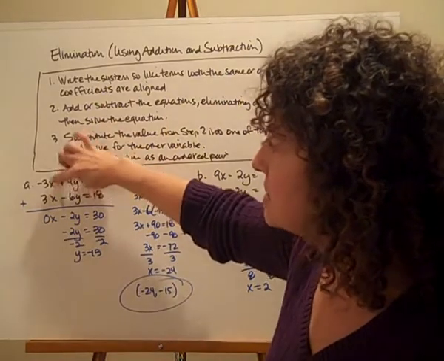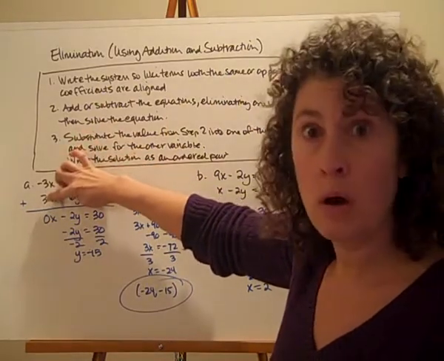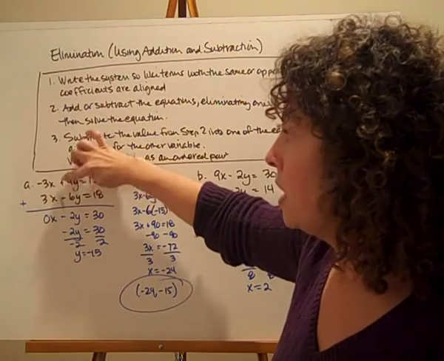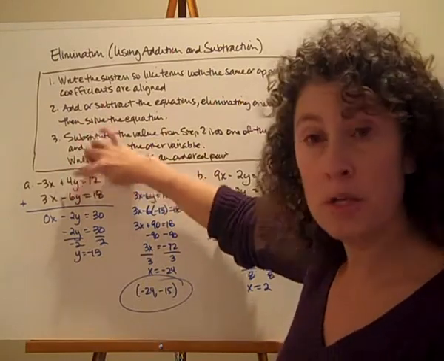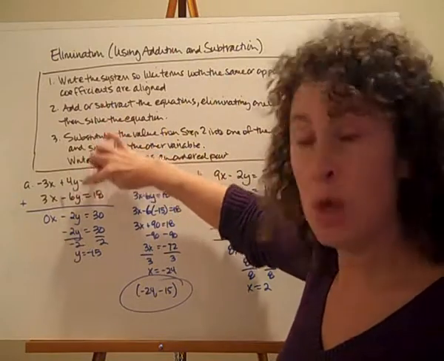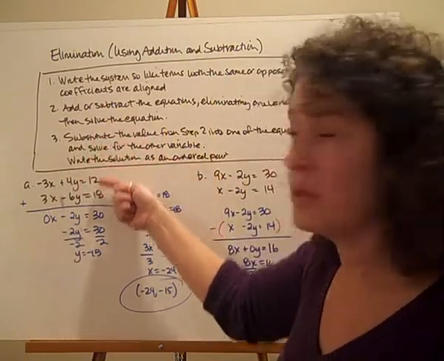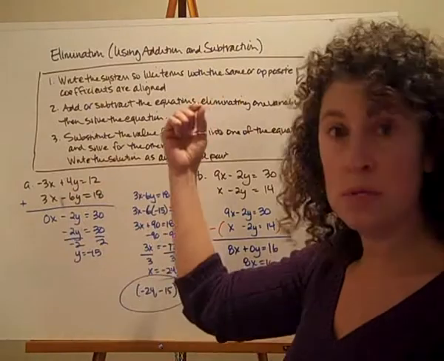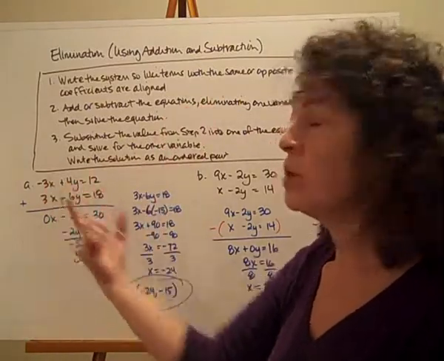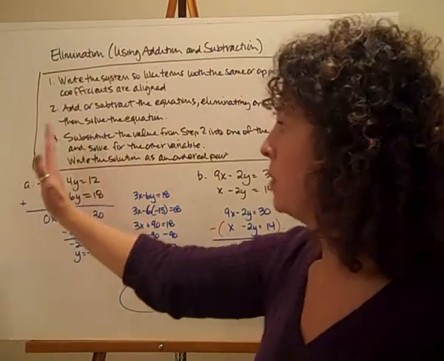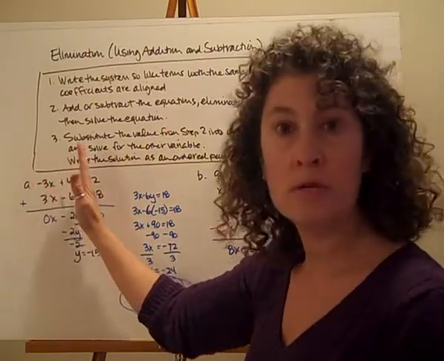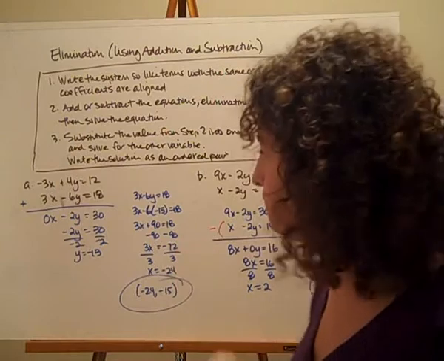My x terms are aligned, my operations are aligned, my y terms are aligned, my equals signs are aligned, and my constants are aligned. So I want to make sure my two equations are set up so that I've got things lined up: x values, operations, y values, equal signs, constants.